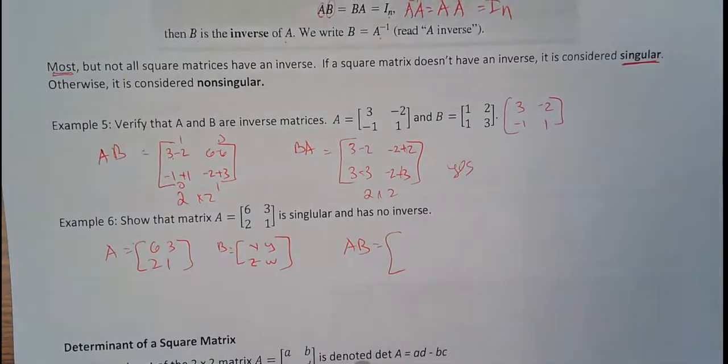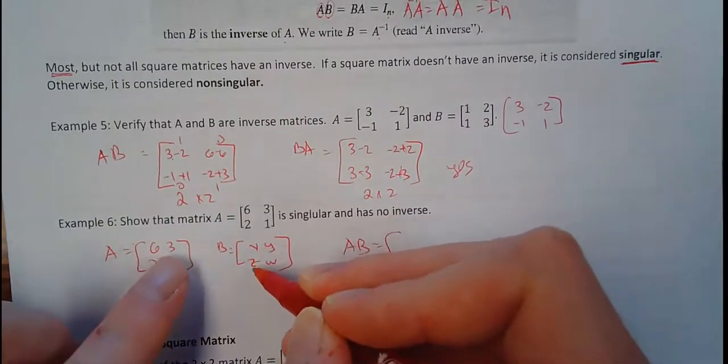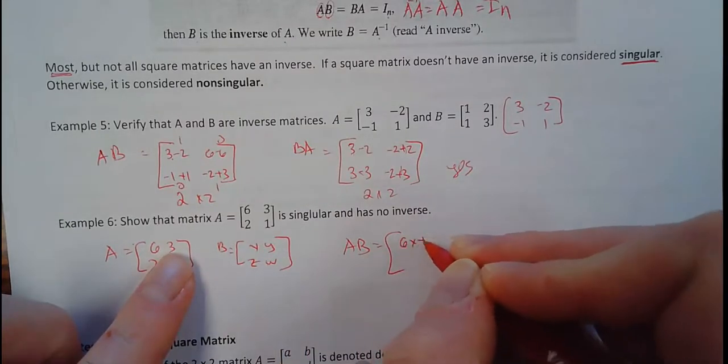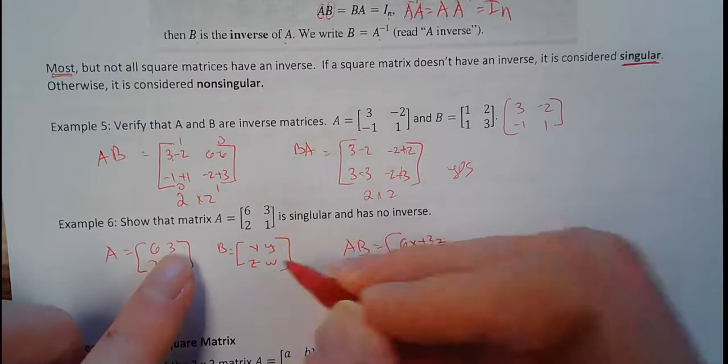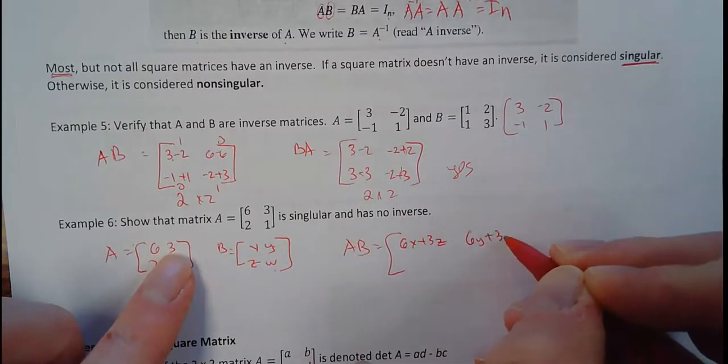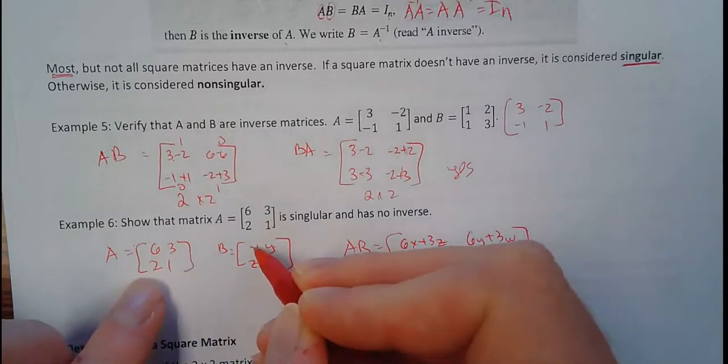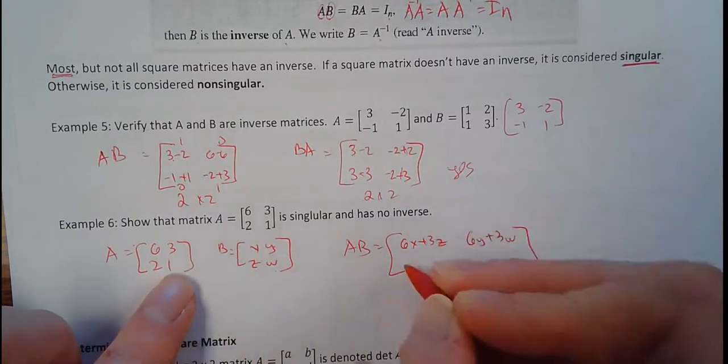So AB equals, now this would be 6X plus 3Z. And then over here would be 6Y plus 3W. And then 2X plus 1Z.